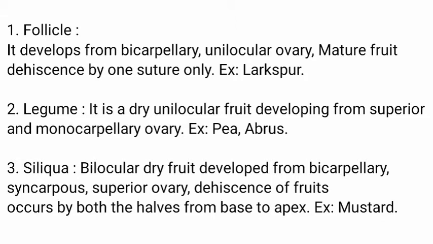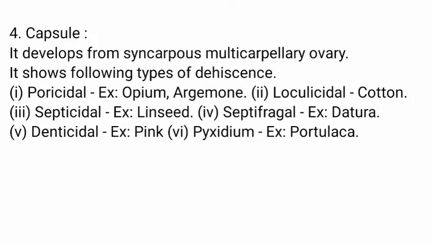Number 3, siliqua. Bilocular dry fruit developed from bicarpellary syncarpous superior ovary. Dehiscence of fruits occurs by both the halves from base to apex. Example, mustard. Fourth one, capsule. It develops from syncarpous multicarpellary ovary.